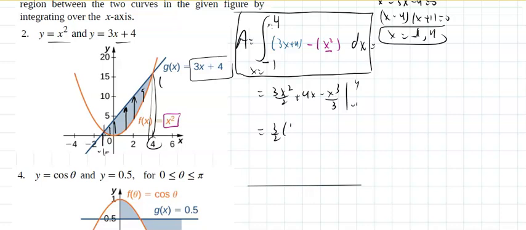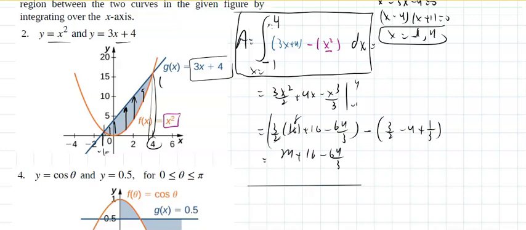That is 3/2 times 16 plus 16 minus 64 divided by 3, minus 3/2 minus 4 plus 1/3. So there it is. That is 24 plus 16 minus 64 over 3, minus 3/2 plus 4 minus 1/3.